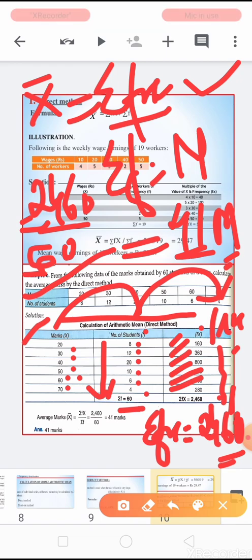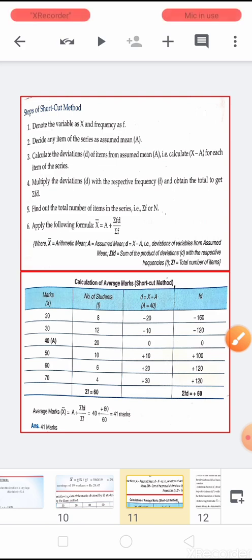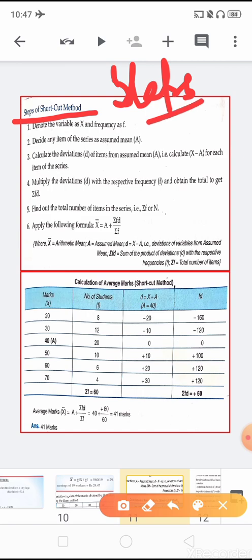Now we will see the second method, that is the shortcut method. So children, to calculate the arithmetic mean by the shortcut method, there are some important steps we need to follow. The first step is that we denote the variable as x and frequencies as f.